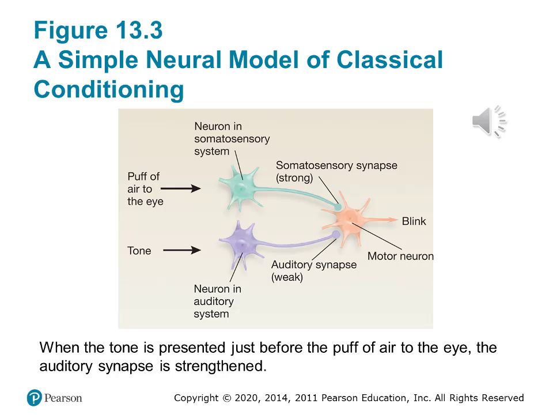Both produce a response, a blink in the motor neuron. And over time, the activation of that auditory synapse comes to take on the properties of signaling the puff of air, and we find that it becomes a conditioned stimulus causing eye blink.